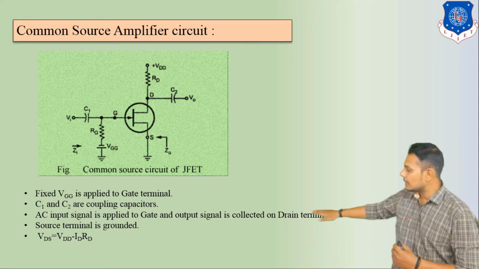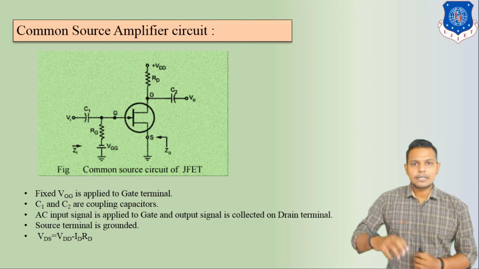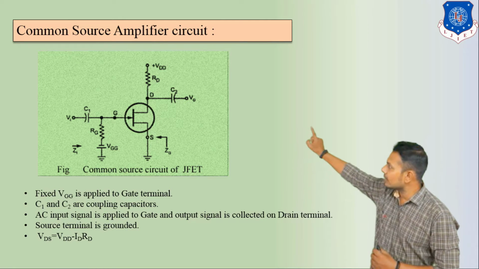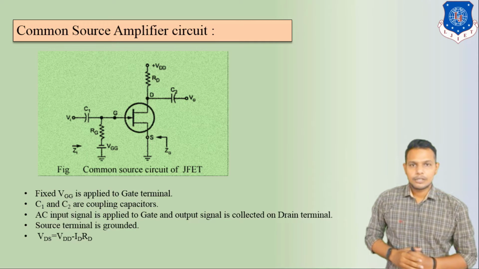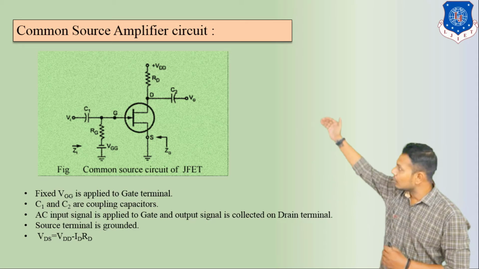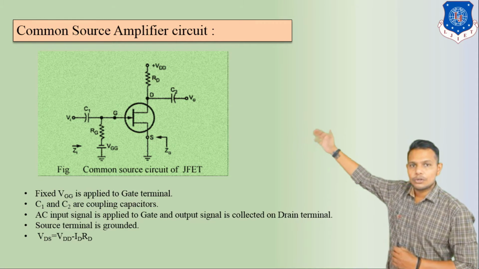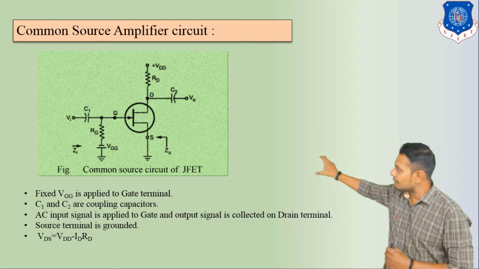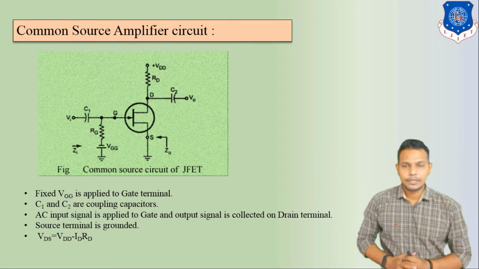Here we can see one equation is derived. Where does it come from? It is coming from KVL at the output side. In this circuit diagram, first VDD, that is your supply voltage. Apply KVL at the output side: VDD minus IDRD minus VDS across the transistor, across the FET.